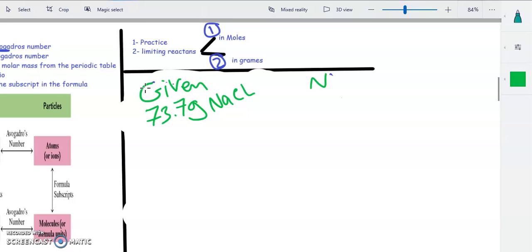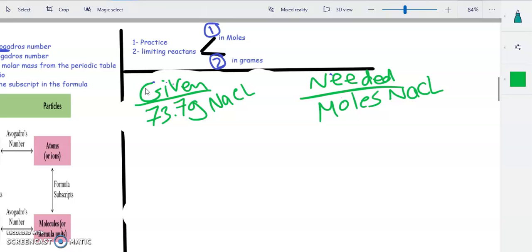And the needed is how many moles are in there of NaCl. So the first thing to think about is to look at the units, so you can figure out how you are going to solve this. So grams here and moles here, then it's so obvious that you would be using the molar masses.